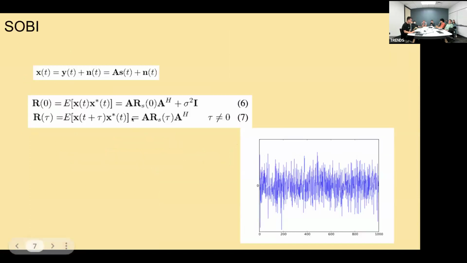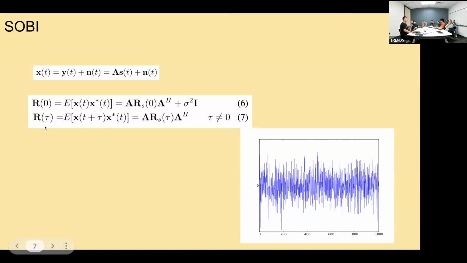So how can these things be helpful? If we consider the covariance and autocovariance matrices to be diagonal, it means we need to find the transformation that makes the components as uncorrelated as possible in different time intervals.